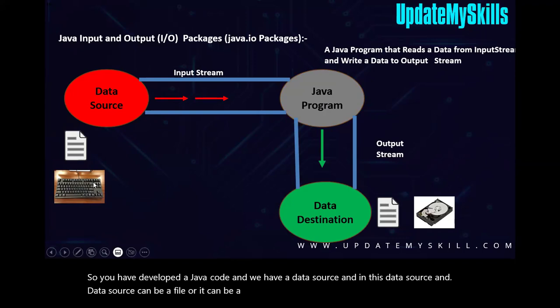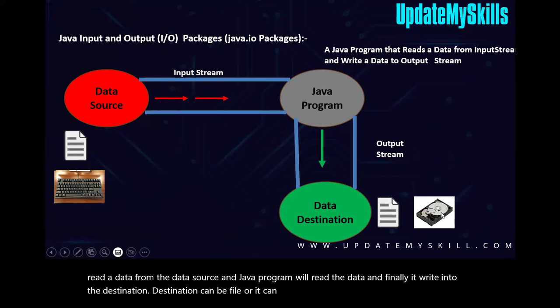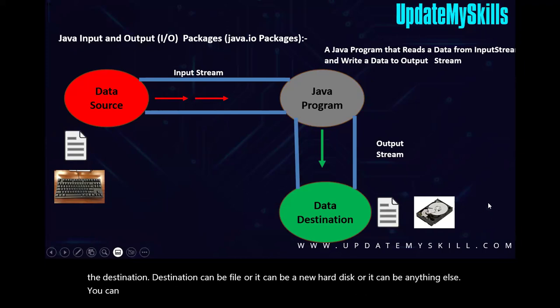So you read data from the data source, the Java program will read the data, and finally it writes into the destination. The destination can be a file or a hard disk or anything else. You can decide based on your needs.